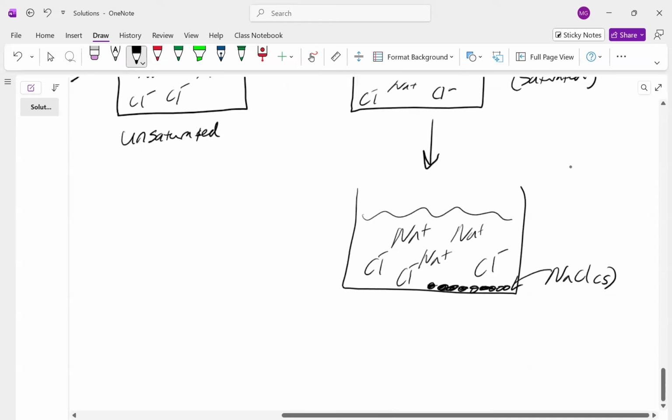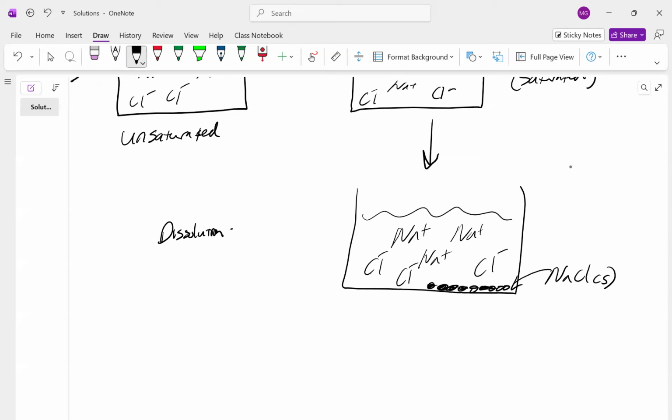And here's the key thing I want to note about a saturated solution. It looks like nothing is happening. So, for example, if you were to take a small glass of water, add some table salt to it, and get to that saturated solution so that you add more and nothing is going to dissolve, it looks like nothing is happening.